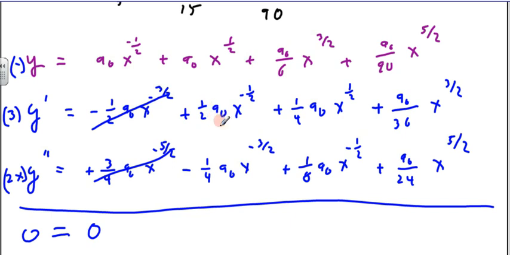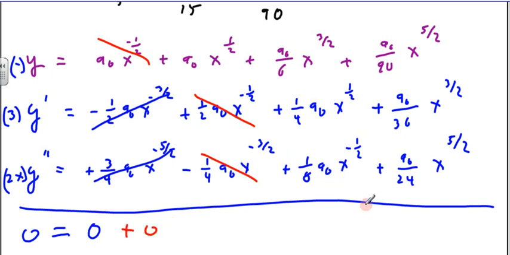Minus 1, minus 3/2, minus 1/2 minus 3/2 plus 3/2. So that term goes away. Boom, boom, boom, plus 0.